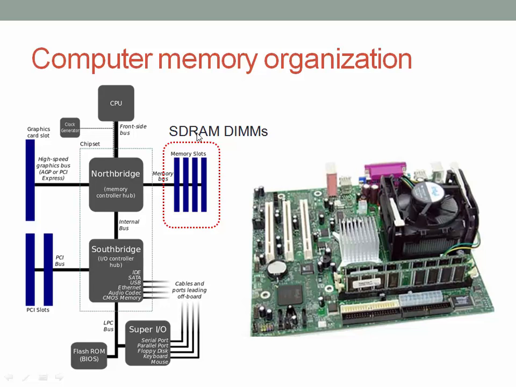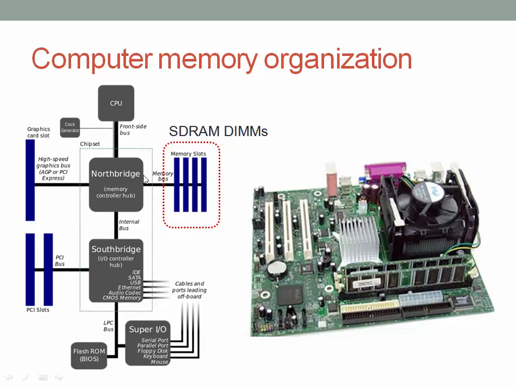Before we dive into the DRAM specifics, I want to explain the computer memory organization and where it is used. So on the left here we have a block diagram of a typical computer. We have the CPU and the north bridge and the south bridge. These two together form what is called a chipset. And the north bridge connects to the CPU using the front side bus, which is a very high speed bus.